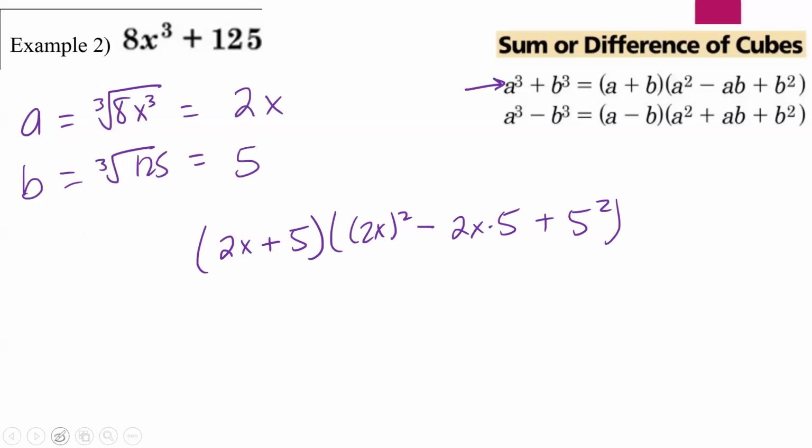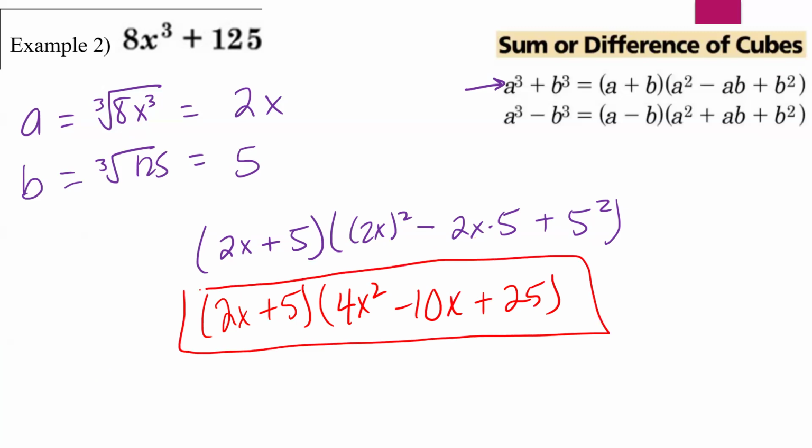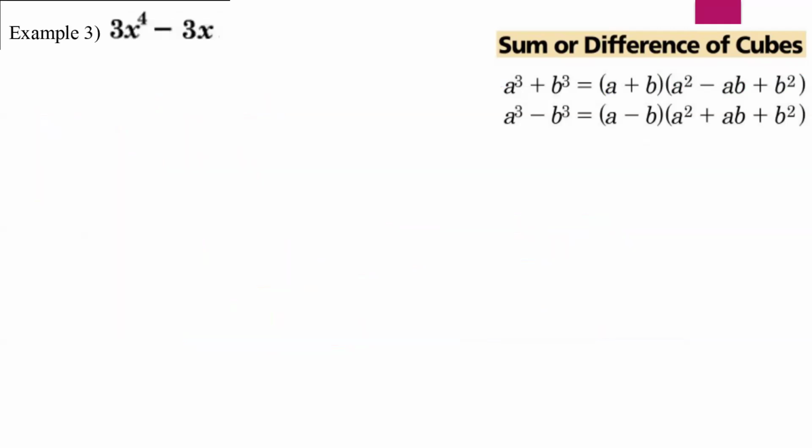Yes, you definitely can. But for the sake of notes, as your teacher, I'm going to write it all out. So we have 2x plus 5 times, what is 2x squared? That means 4x squared. Minus 2x times 5, which is minus 10x. And 5 squared is 25. How we feel? Guess whose turn it is?